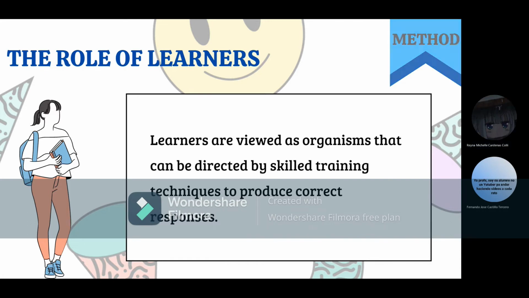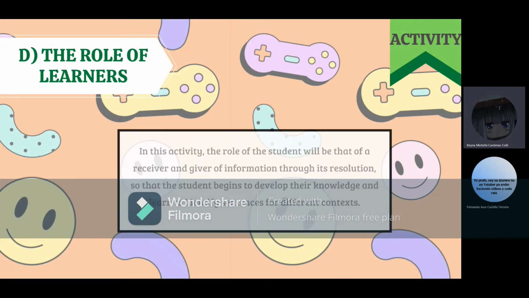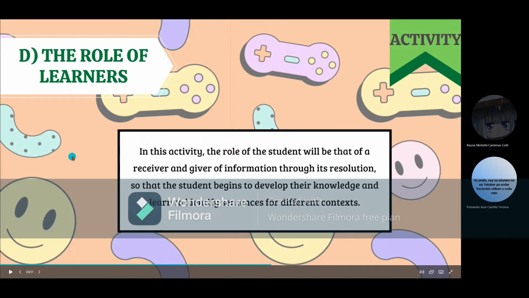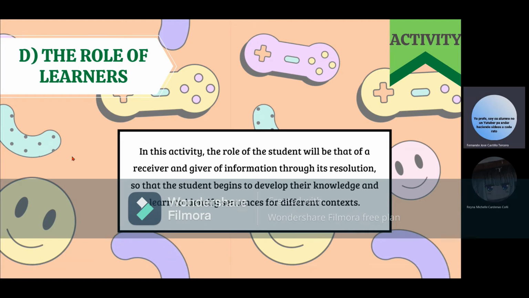The role of the learner in this activity will be that of a receiver and giver of information, so that the students develop their knowledge and learn to identify sentences in different ways.